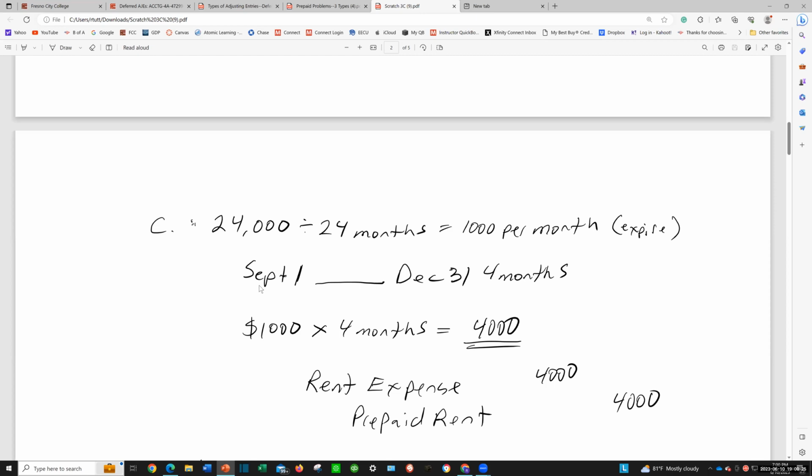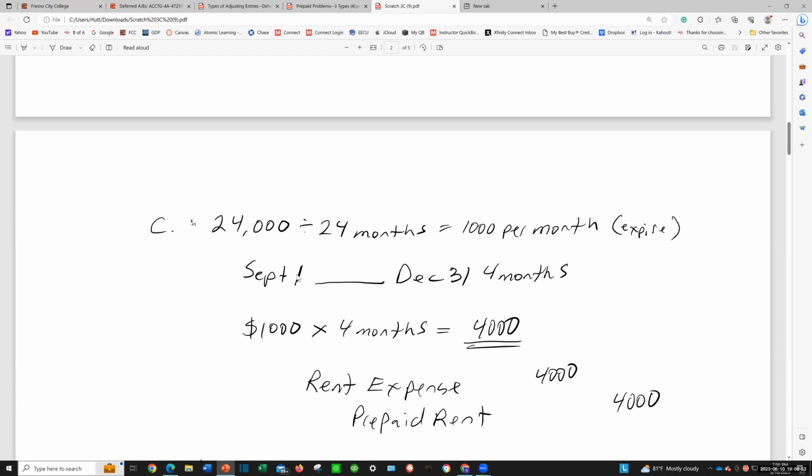Well, we know it's 4 months because September 1 through December 31 is 4 months. Now, some of you guys are going to mess up on your homework because you're going to see, oh, September. Well, September is the 9th month and December is the 12th month. So that must be 3 months. Not so fast. You're trying to compare apples with oranges.